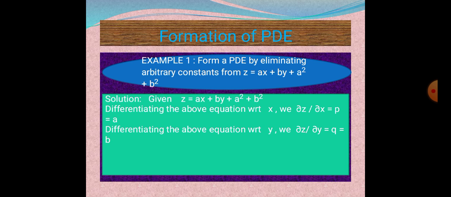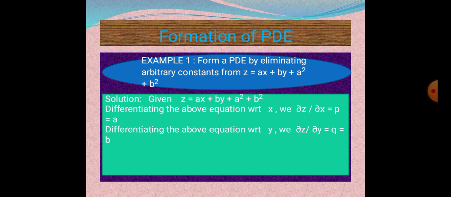First term has no y, 0. Second term we have by, differentiating partially with respect to y we get b only. Third and fourth terms have no y, so the differentiation is 0. So we obtain q equal to b.